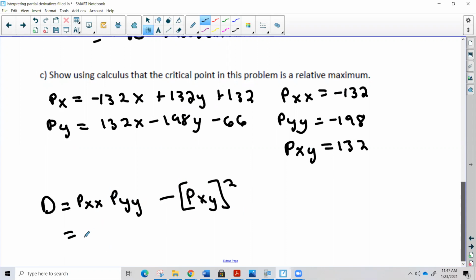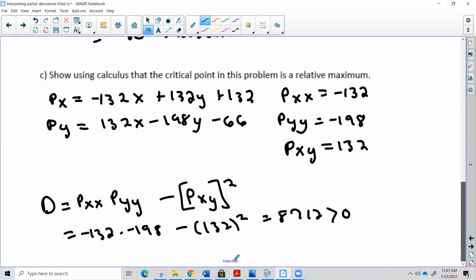We don't have to plug anything in. So it's just going to be negative 132 times negative 198 minus 132 squared, which is 8712, which is definitely greater than 0.